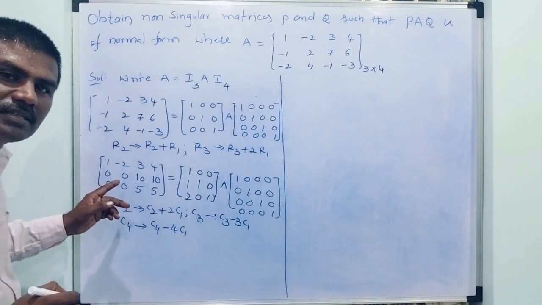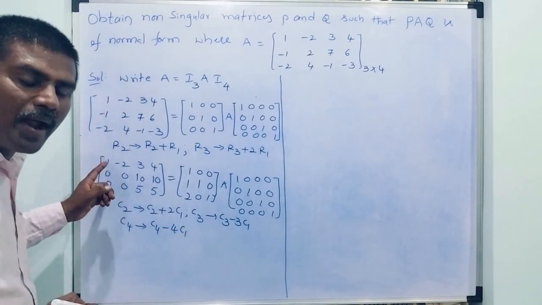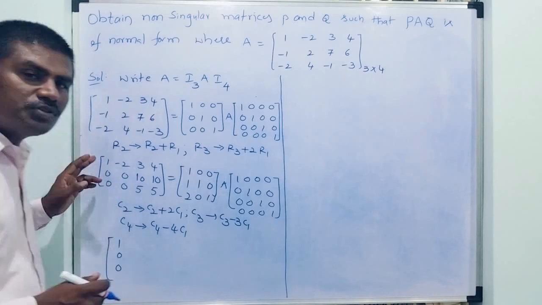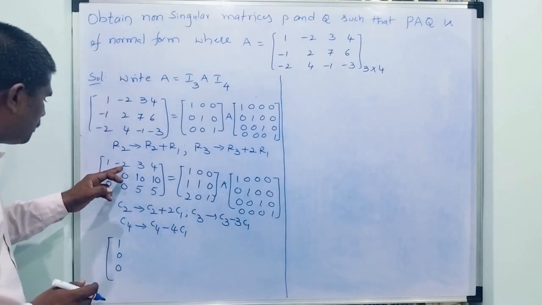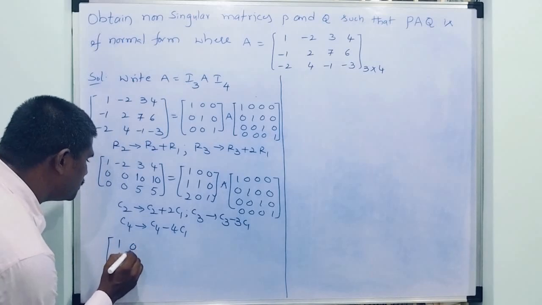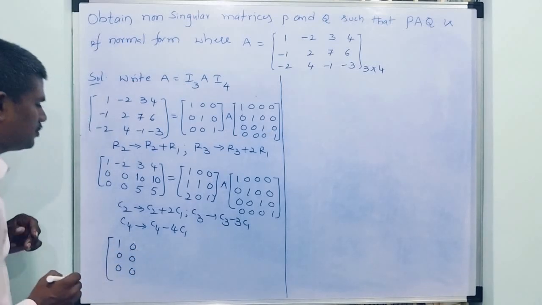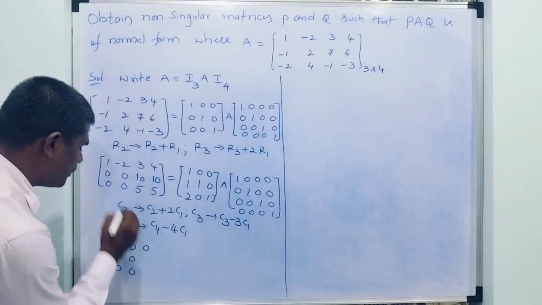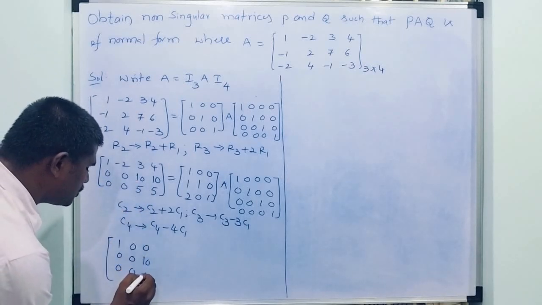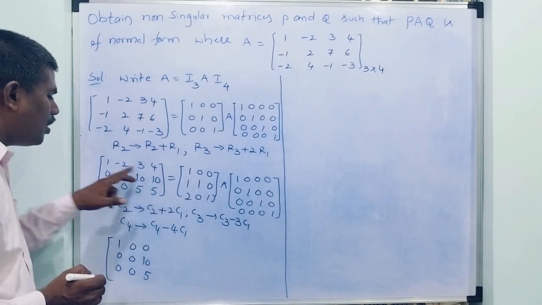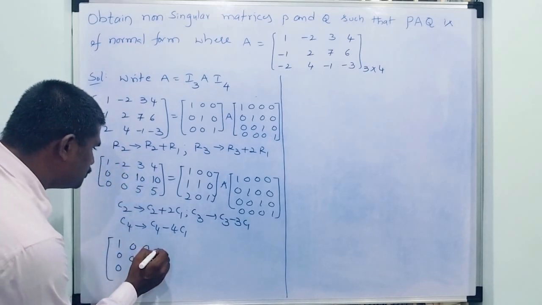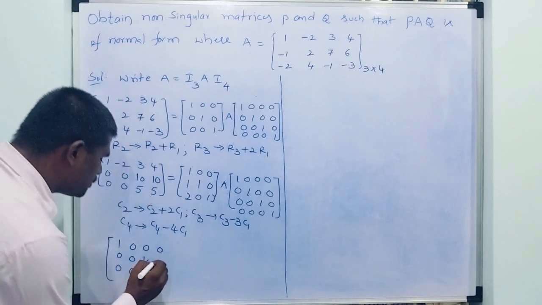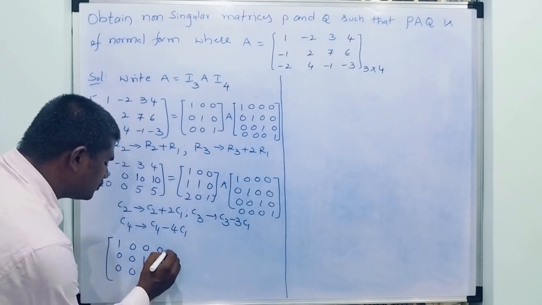By applying these column operations on the matrix on the left hand side, there is no change in the first column, and the remaining entries become 0, 0, 0, 10, 5, 0, 10, 5.